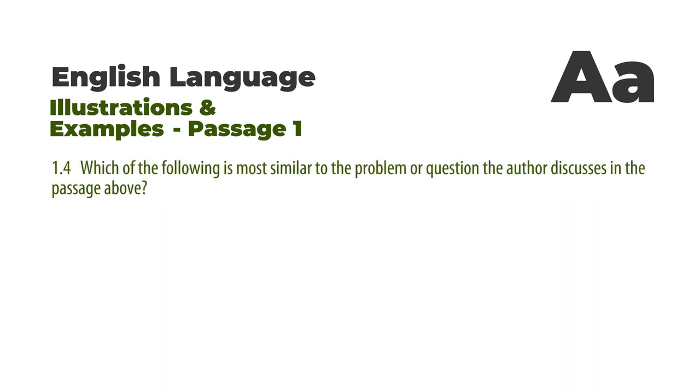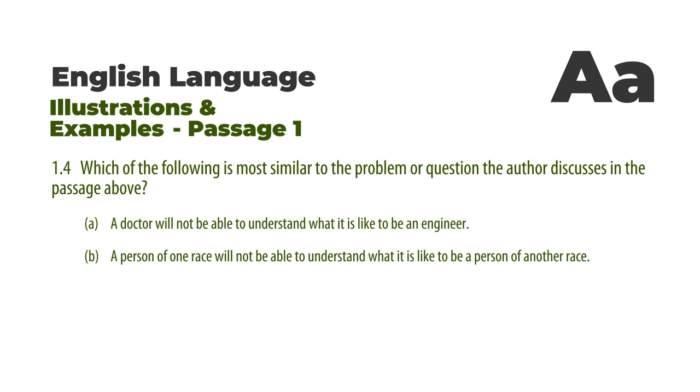Which of the following is most similar to the problem or question the author discusses in the passage above? Your options are A. A doctor will not be able to understand what it is like to be an engineer. B. A person of one race will not be able to understand what it is like to be a person of another race.